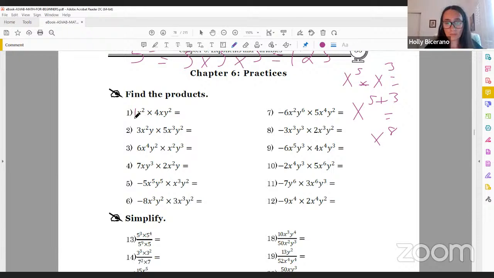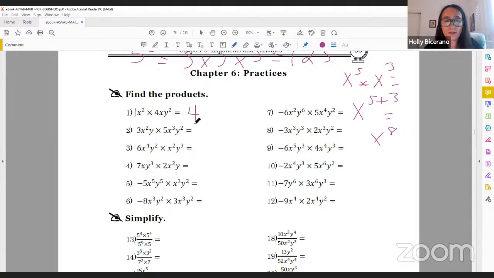Anytime you don't see a number, it just has an invisible 1 because anything times 1 is itself. So we have 1 times 4, that's just 4. So there were no exponent rules there. We just did 1 times 4, nothing crazy.